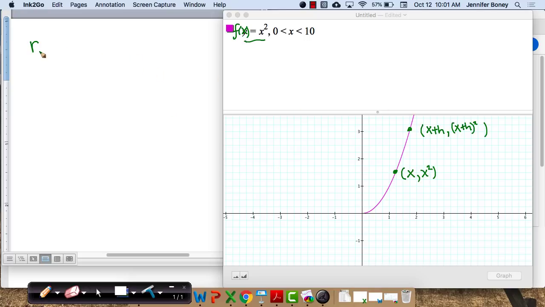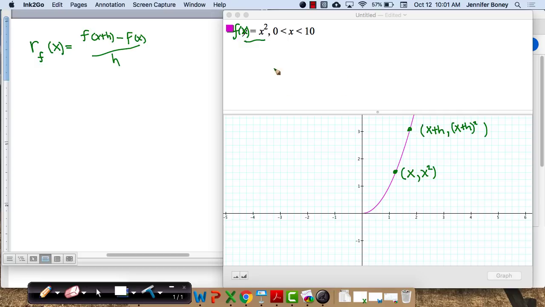So if I want to call it function f, then the rate of change of function f I can define, in general, as f of x plus h minus f of x over h. And that can be approximate if h is not any particular size, or I can assume it's exact if h is essentially 0.